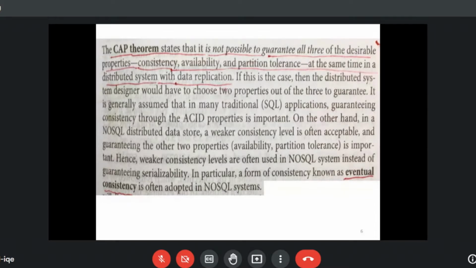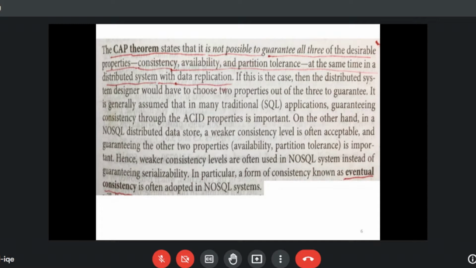Hence, weaker consistency levels are often used in NoSQL systems instead of guaranteeing serializability. In particular, a form of consistency known as eventual consistency is often adopted in NoSQL systems.